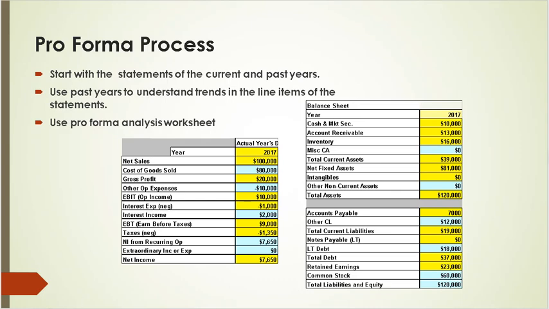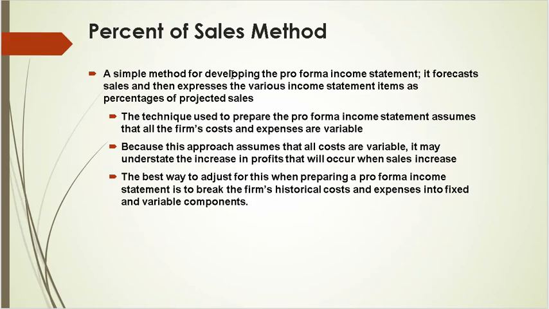And this might become important as we try to think of how these line items change when sales change. So a simple method of this pro forma statement says that if we look at history, we can use what's referred to as a percent of sales method.